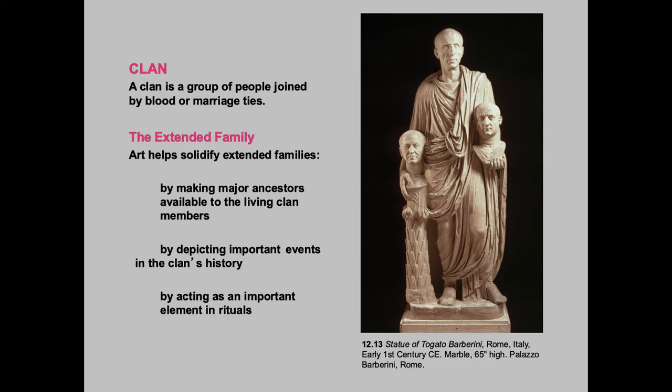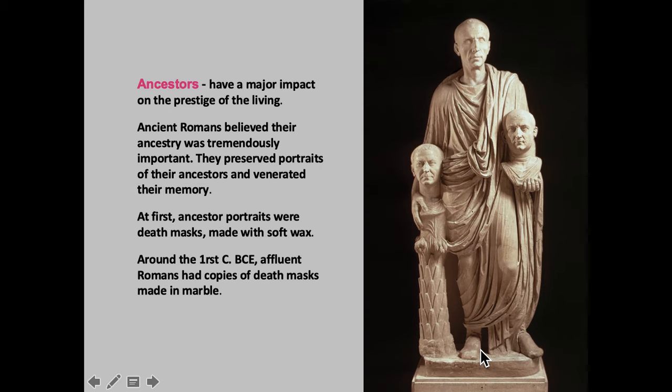So we're going to depict important events in the clan's history. This particular piece from Rome in the 1st century is a 2,000-year-old piece. So we have a statue of Togata Barberini. Sorry, I'm going too fast. So they have a major impact on the prestige of the living.